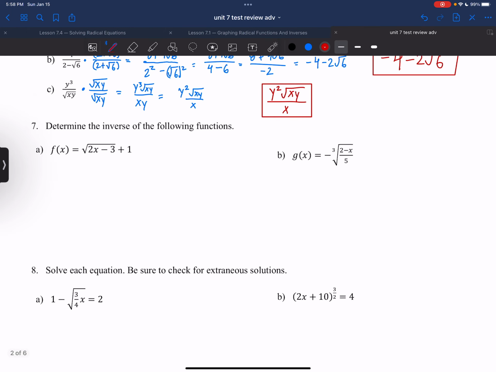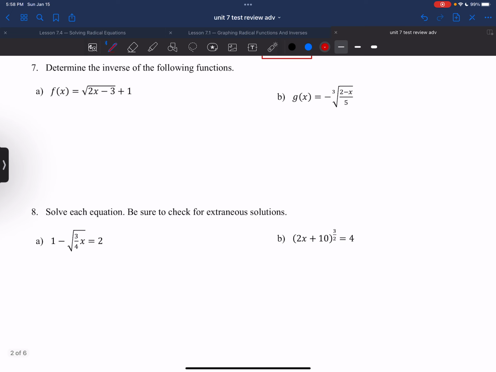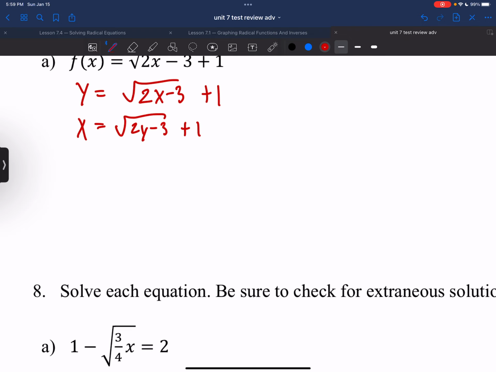Number 7. Determine the inverse of the following functions. Remember the steps for this, which should be in your notes. Step 1 is to change f of x to y. Step 2 is to swap x and y. Step 3 is to solve for y.